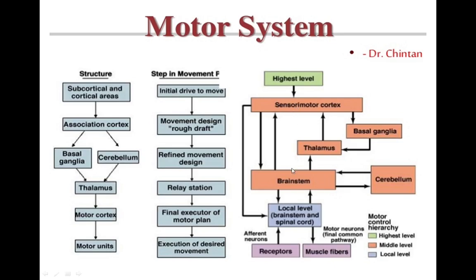The motor cortex sends these into the brainstem and into the spinal cord eventually, ending in the motor neurons in the spinal cord, which is the final common pathway, and then reaches the muscle fiber to produce the necessary quantum of contraction in the specified areas of the body, in order to produce the meaningful movement.